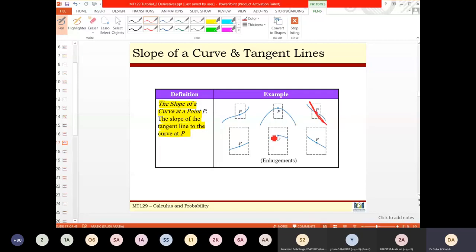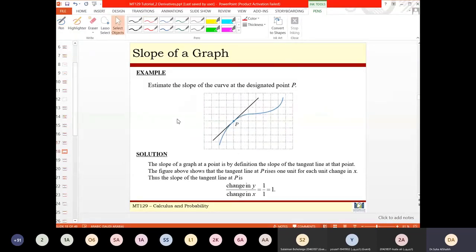The tangent line for this one goes like this, and for this one goes like this. So different tangent lines. It touches just one point. So the slope of the curve at a point is the same as the slope of the tangent line at this specific point. So it depends on how the curve looks.